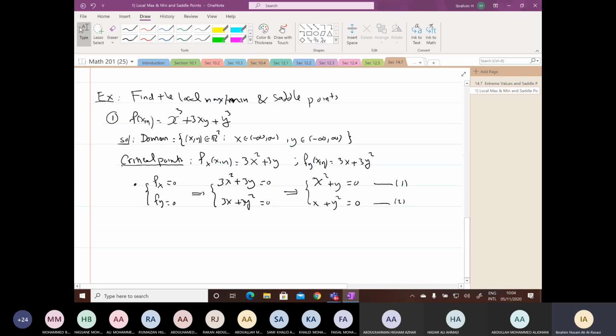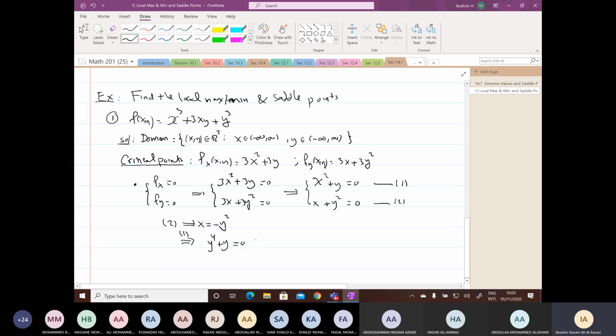If I start with the second equation, this gives me x equals minus y squared. Now substitute this in the first equation. In the first equation, you get y to the power 4 plus y equal to 0. So when you substitute x in the first equation, I end up with an equation in one unknown.